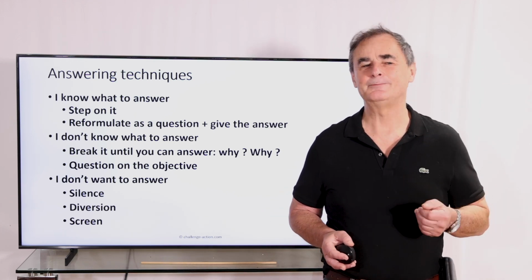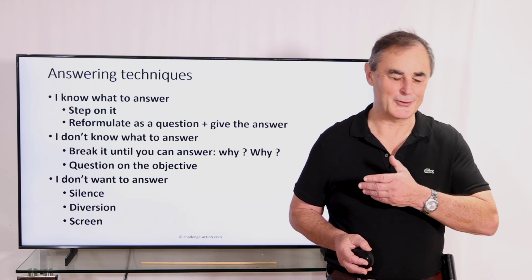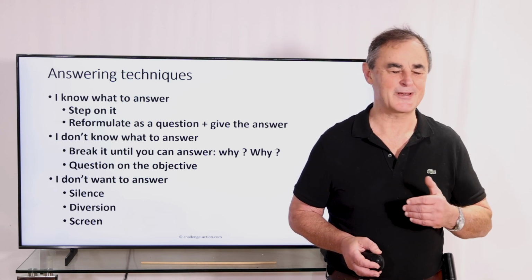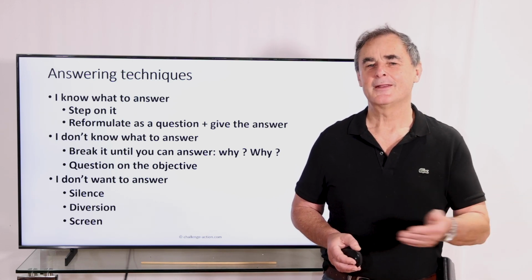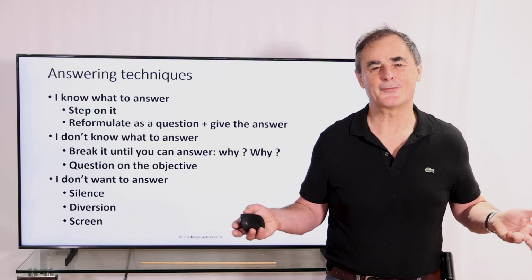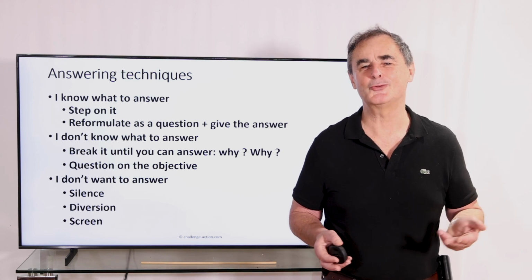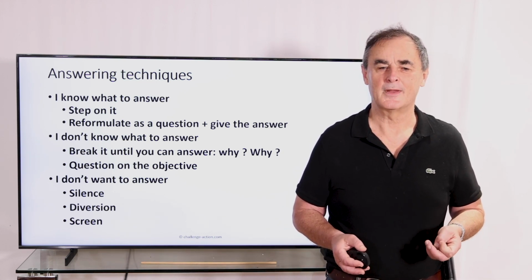I know a friend, a rep too, and when the client tells him the price is too expensive, he doesn't talk. So it's a combination of silence and diversion. He just talks about something else, and at the end, as he's a very good rep, the customer buys and doesn't even come back to the initial objection.